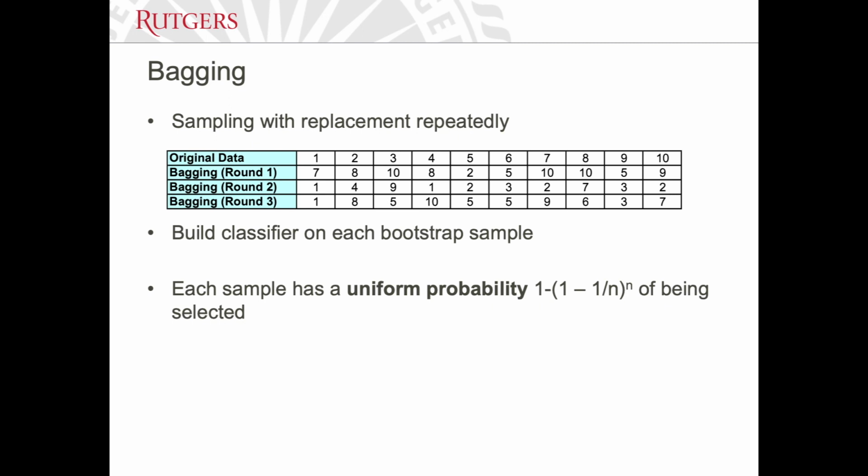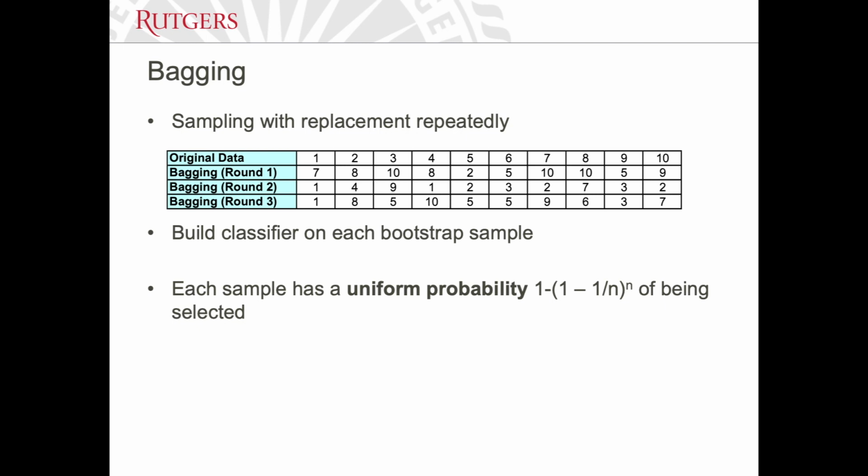Because the sampling is done with replacement, some instances may appear several times in the same training set. For example, in the sample listed here, rounds 1, 2, and 3 have the same size as the original data, and rounds 2 and 3 both have 1 in their data.